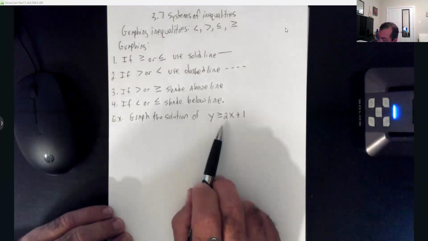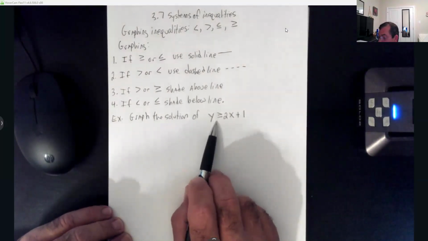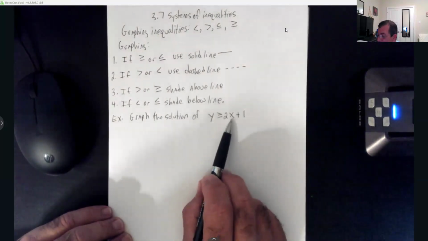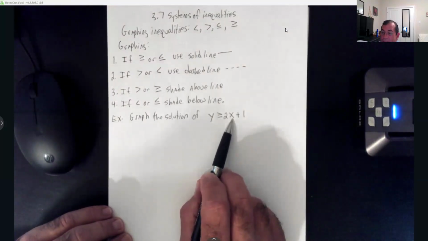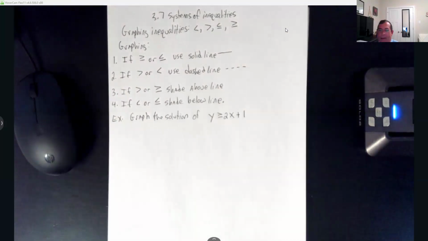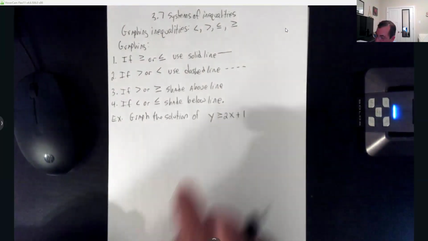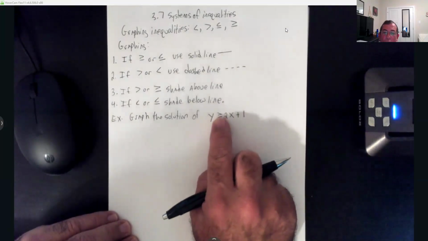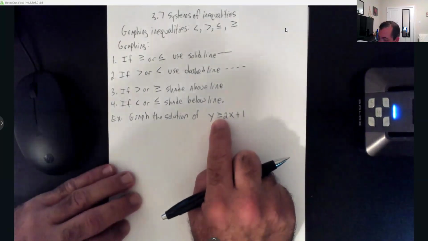So first you got to realize, since that's a greater than or equals, there's infinitely many numbers I can put in for this x and get a y value that would be greater than that, okay? So just remember, this gives me more than one solution because it's got that greater than there.